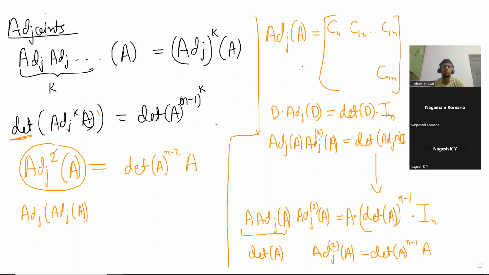So this is the beautiful identity we have got. We'll come to adjoint cube, but let's just discuss this a little bit. I'm using this notation, which means adjoint applied twice. Let's not use that, it's a bit confusing.